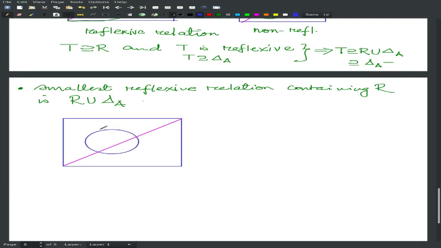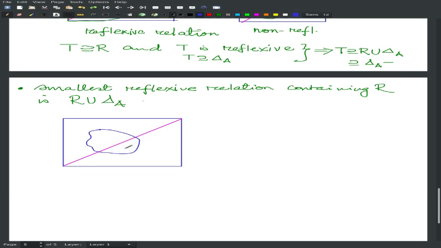Remember, if you have a coordinate and you take its reflection along this diagonal, you get its yx, right?